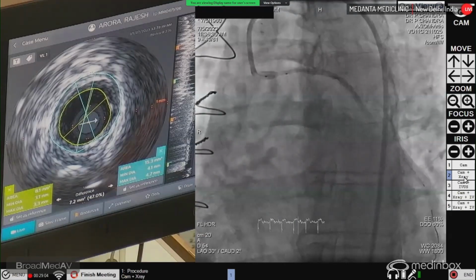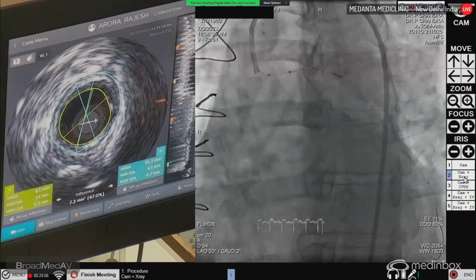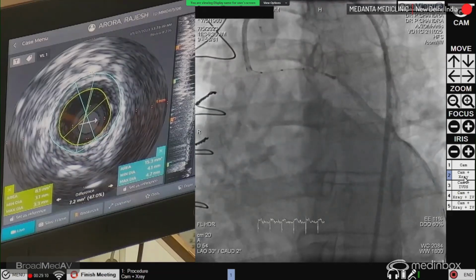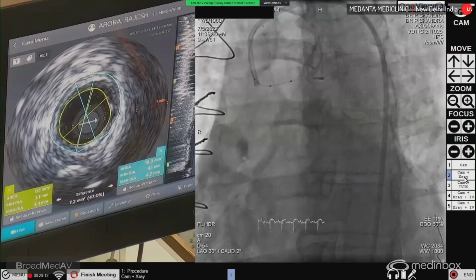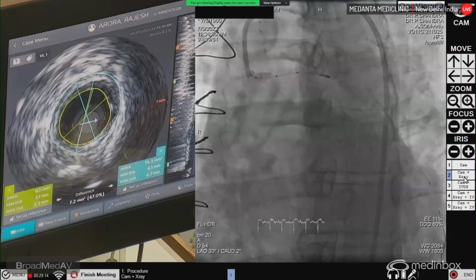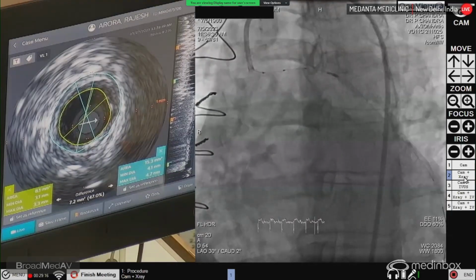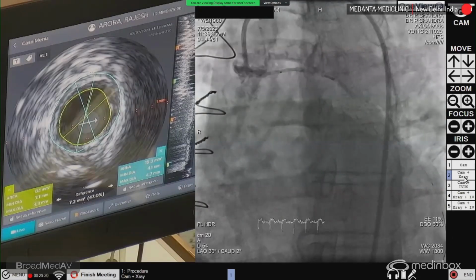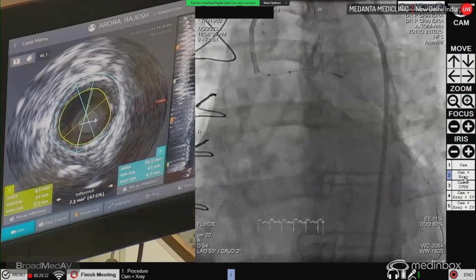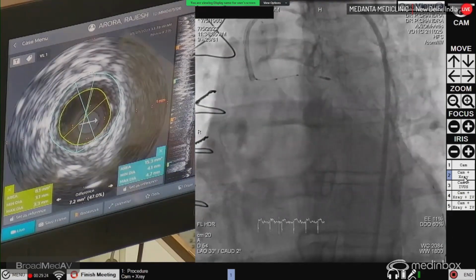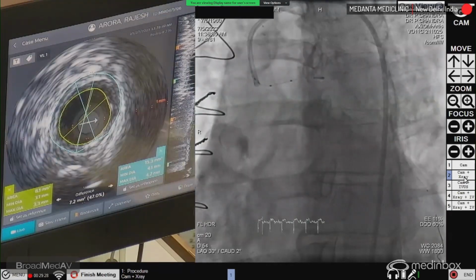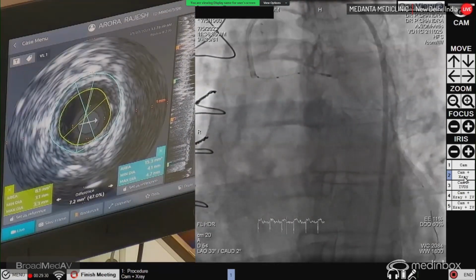And we are specially choosing this device for vein graft, as we still do not know what is the best device for this, but maybe without the polymer stent will be better. Okay, fine. So this is a 3.5 into 32.